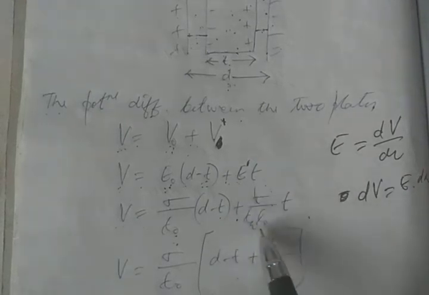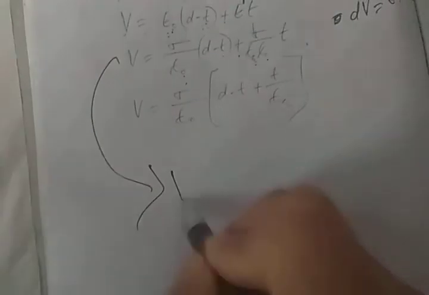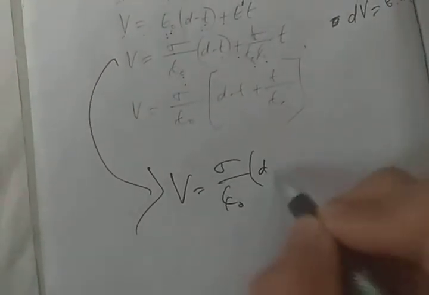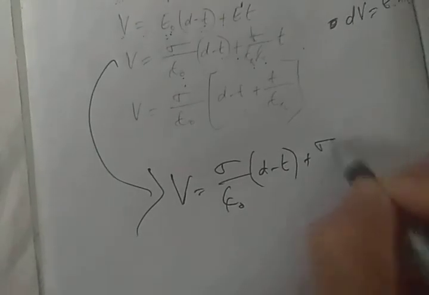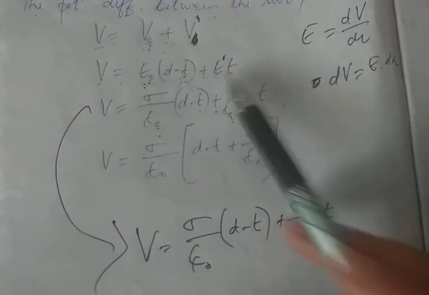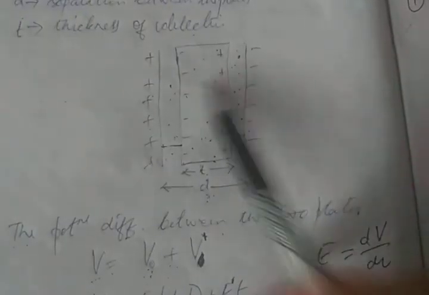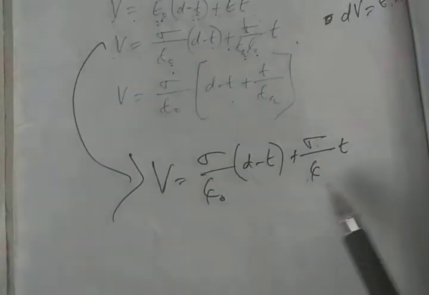sigma by epsilon r into epsilon naught. I could have written V is sigma by epsilon naught into D minus T plus sigma by epsilon into T, where E dash is sigma by epsilon. The electric field in the dielectric is sigma by epsilon.